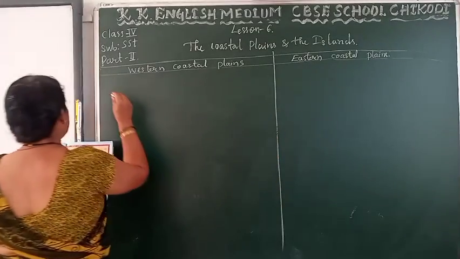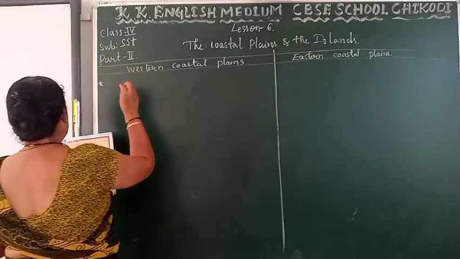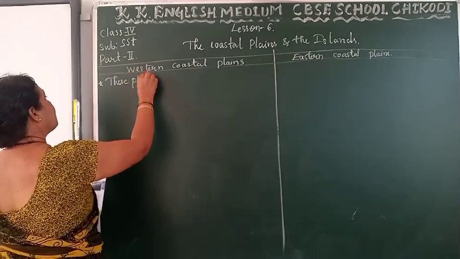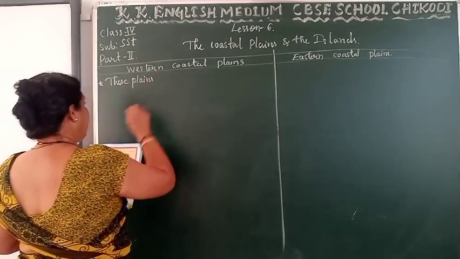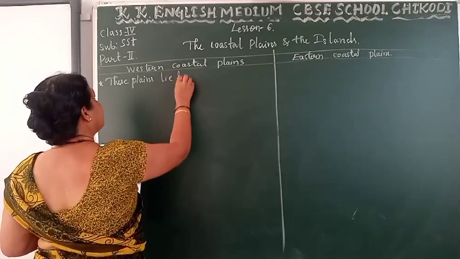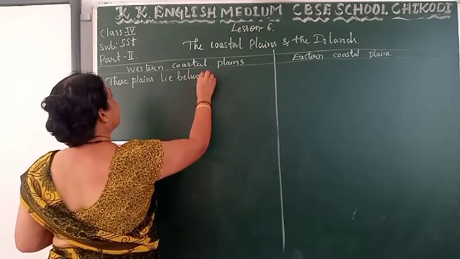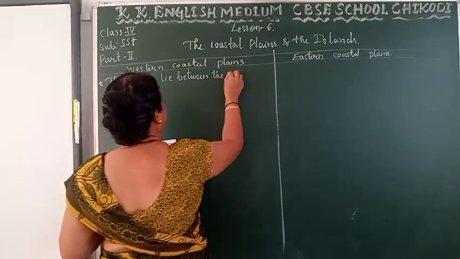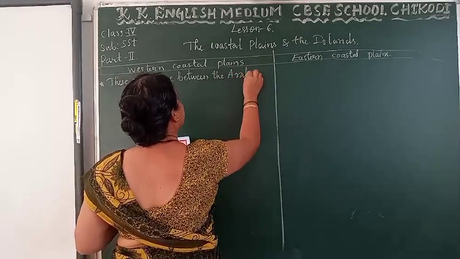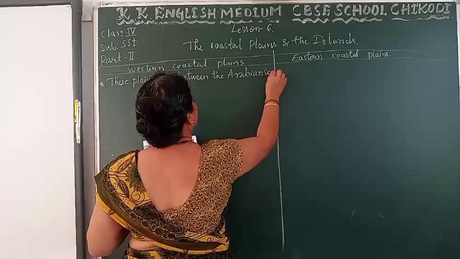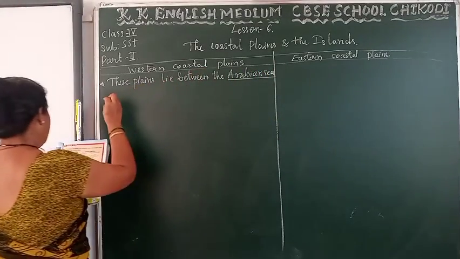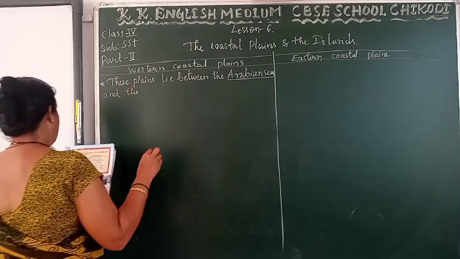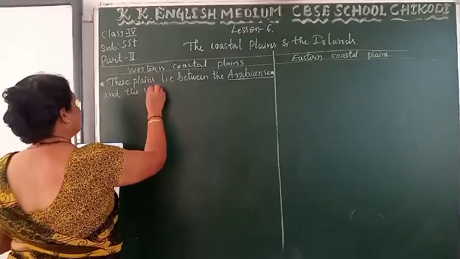Okay, here first sentence is, these plains lie between the Arabian Sea and the Western Ghats.